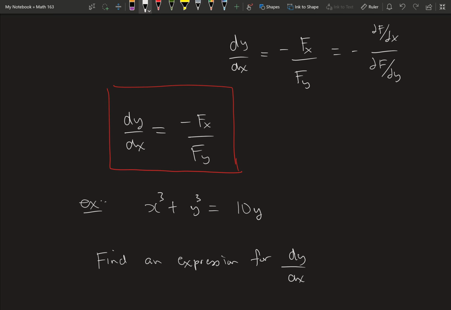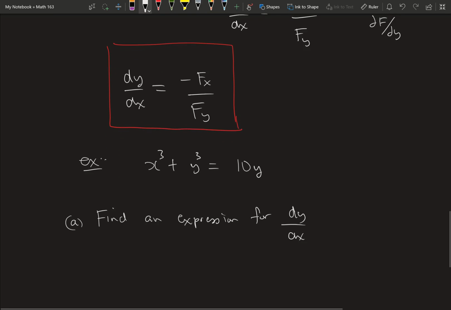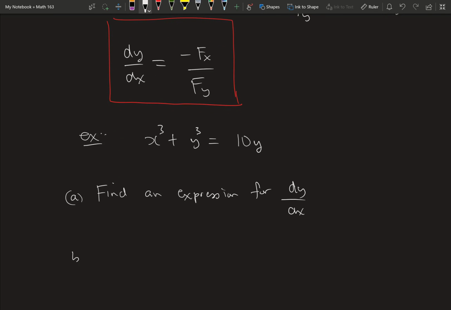Let's do it in 2 parts. And let's say we want to find the equation of the tangent line at, say, x equals 0.